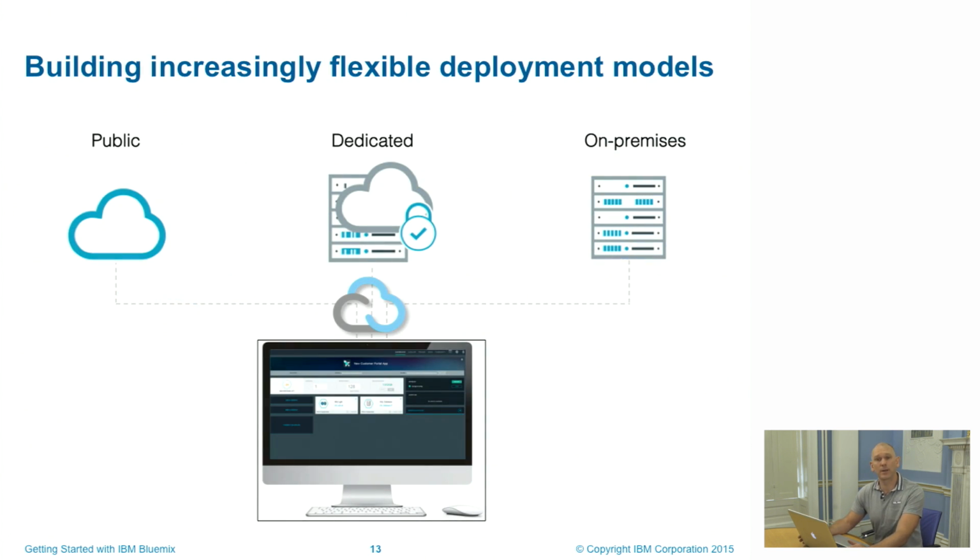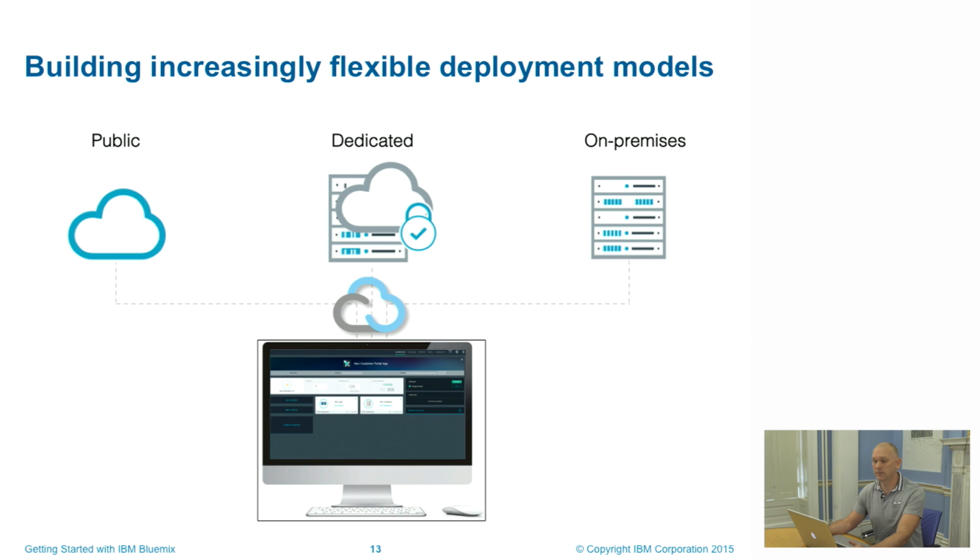As well as the public cloud offering for Bluemix, we're also introducing a dedicated option, which gives you a dedicated set of physical hardware running in an IBM data center on SoftLayer. And that allows you to have full control of that hardware. So it's not going to be shared with anybody else. It also allows you to set up things like a virtual link to your own private network within your data center.